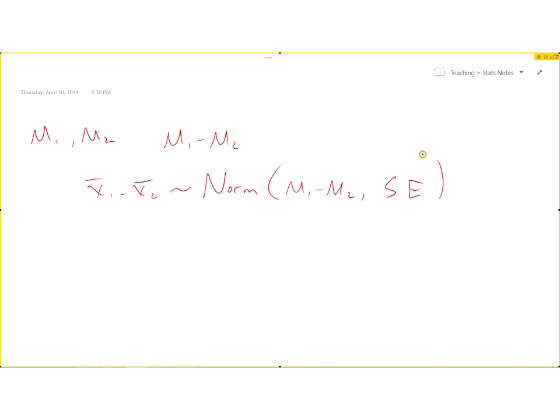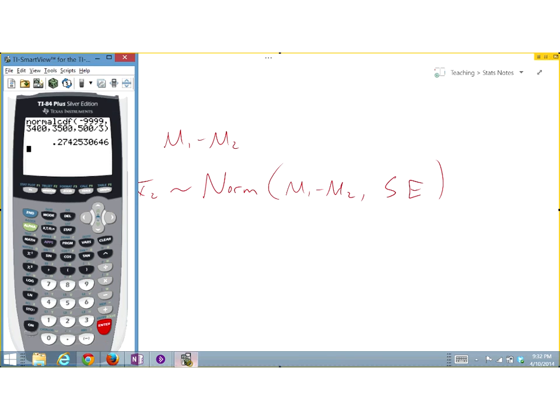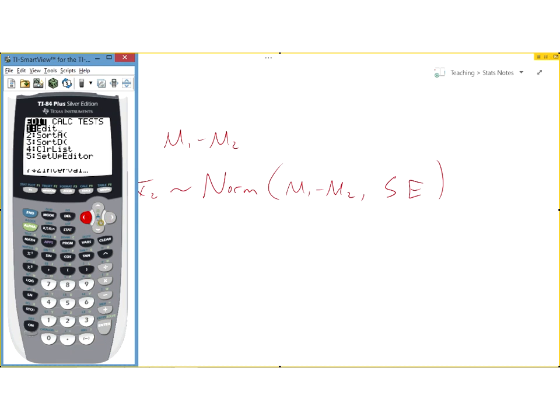Confidence interval, I'll show you that real quick. If you go to stat and tests, and you see a two-sample t-test, it's the same thing for intervals. It's two-sample t-interval, option 0. To do it, you just put in the mean, standard deviation, and sample size for sample 1, and the mean, standard deviation, and sample size for sample 2.